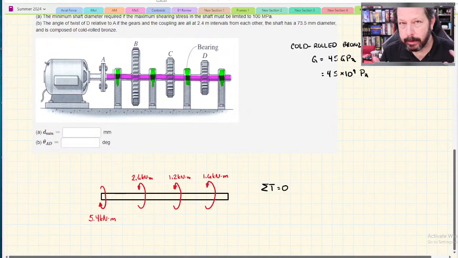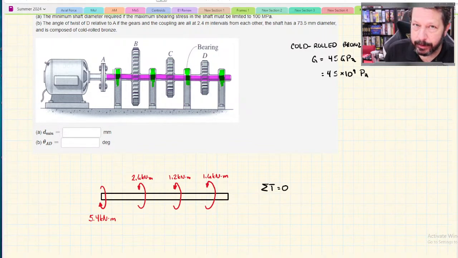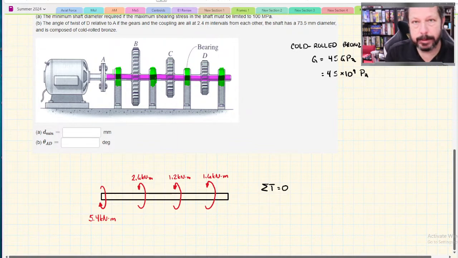They're real in the real world. They're absorbing a little bit of this input torque because they're not perfectly frictionless, but they're close enough to frictionless that whatever amount these little bearings absorb is negligible. So we are ignoring that, and that's true for this problem.